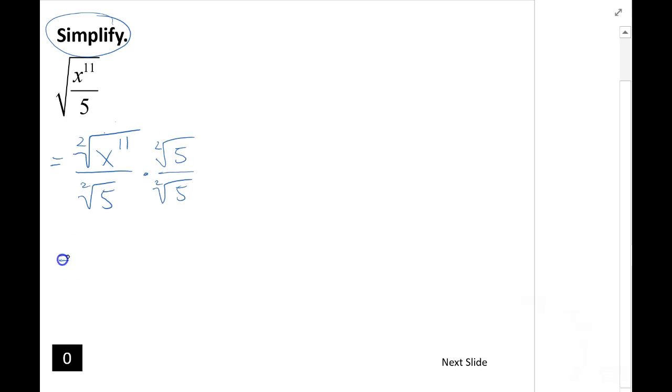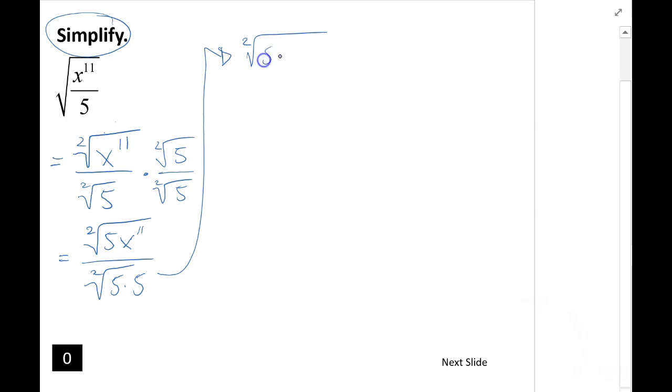Okay, so now what happens is now I have on the top 5x to the 11th, because now we combine the 5 and the x to the 11th, and on the bottom we'll have 5 times 5. Okay, so now let's go a little bit further on the next step and break down the numerator.